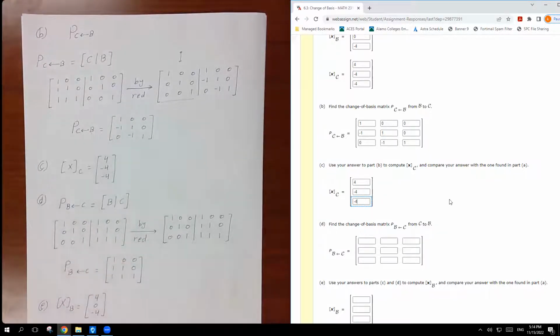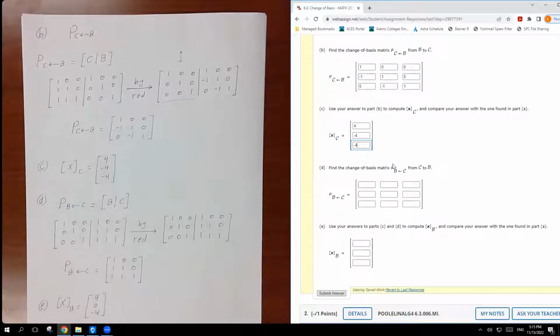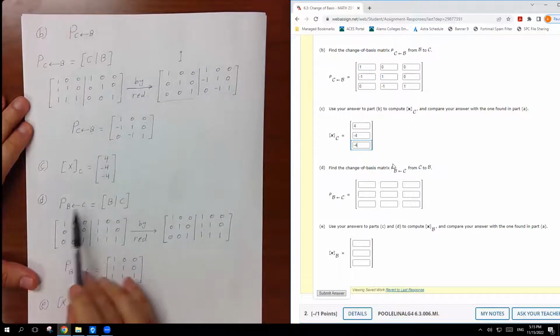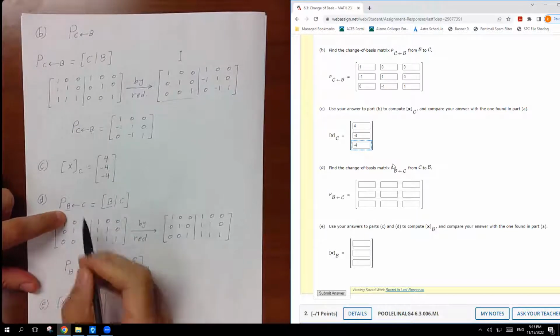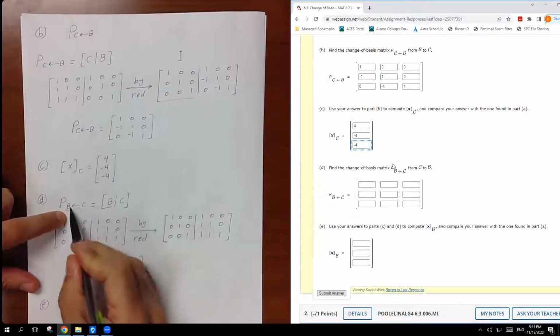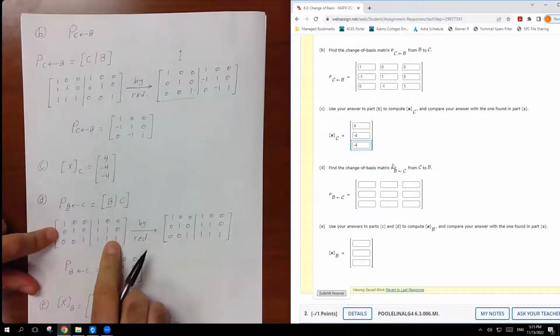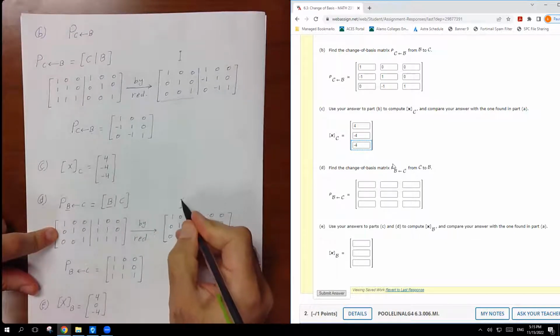Now let's find the change of base from C to B. From C to B. So for the change of base from C to B, the first base is going to be first, and the second one, from B to C, you're going to write down C here. So write down the base B and write down the base C. By reduction, you see this matrix is going to be the identity matrix.